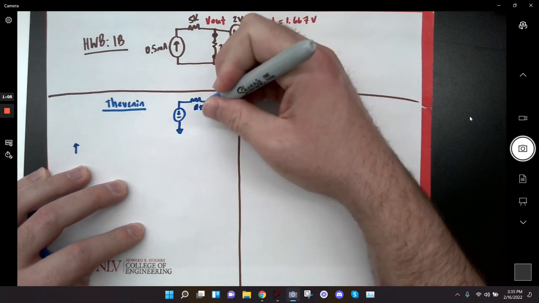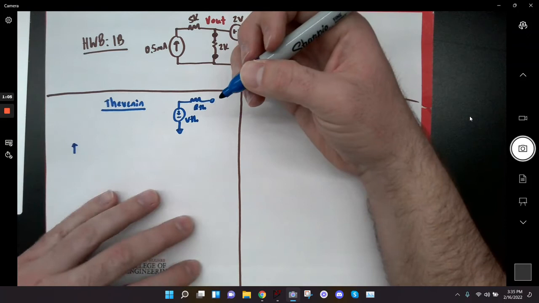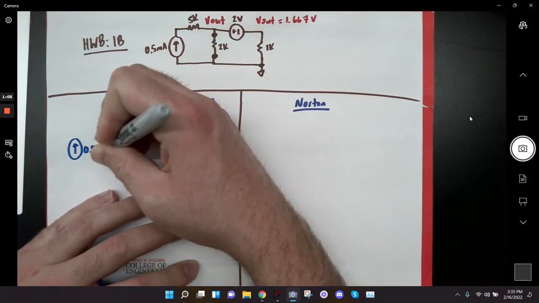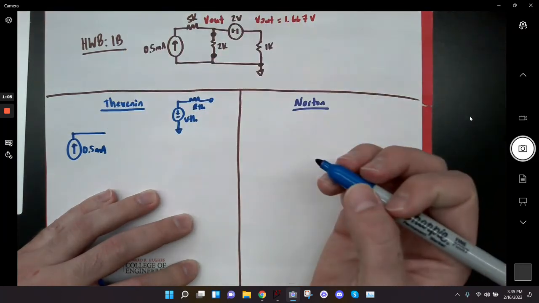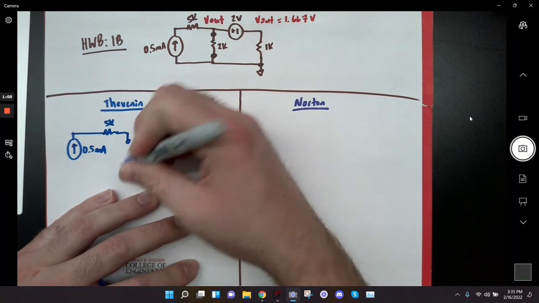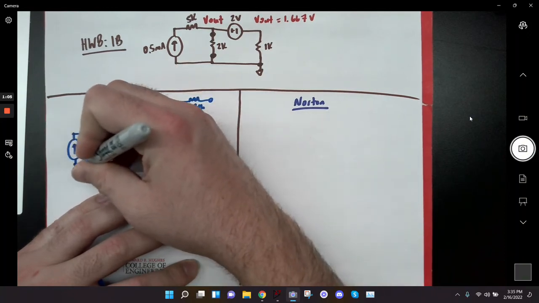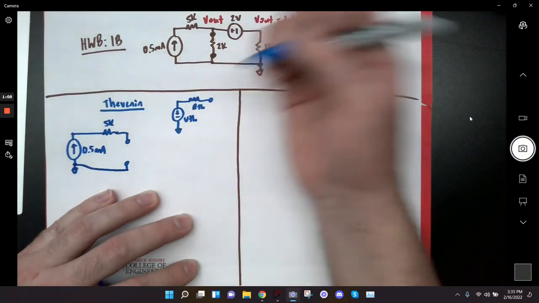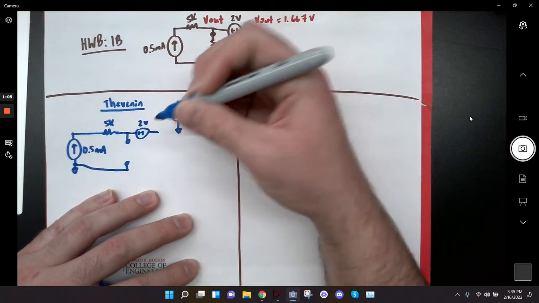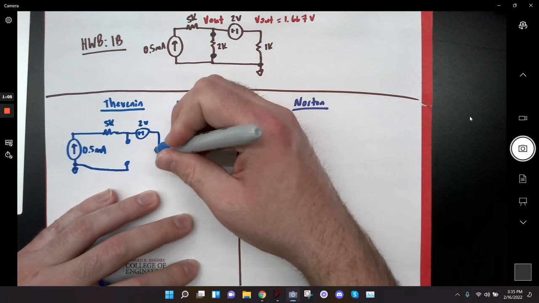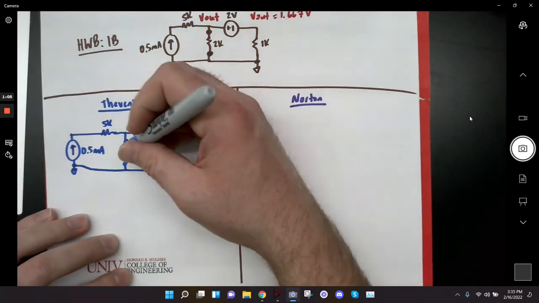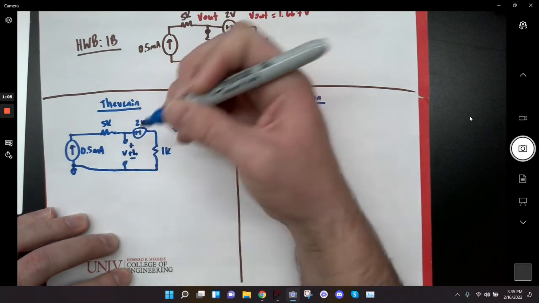This is my R Thevenin, this is my V Thevenin. 5K, open, 2 volts, and then a 1K. Okay, so I'm trying to find the voltage between these 2 points, and that's going to be my V Thevenin.